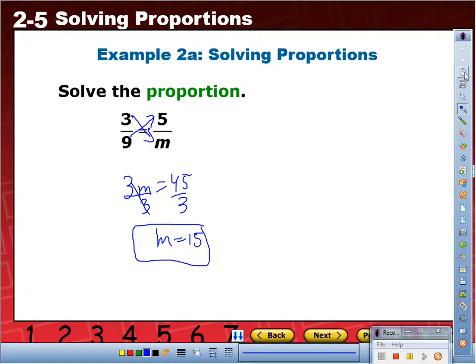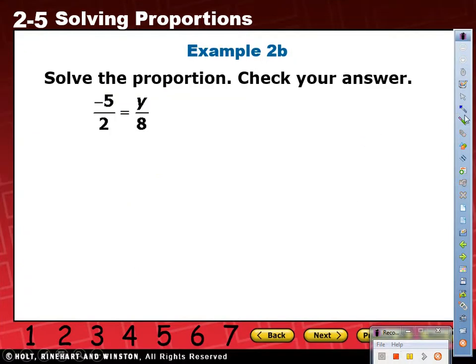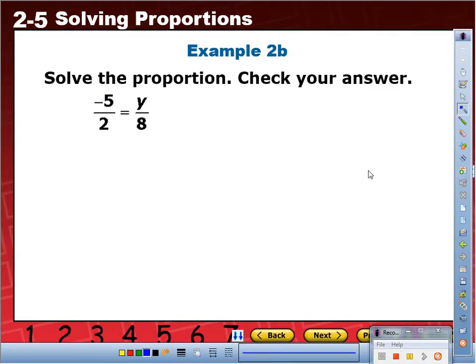Here we go. Copy this one. Example 2b. Negative 5 over 2 equals y over 8. Okay, help me out, Gina.